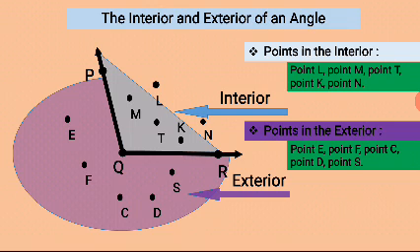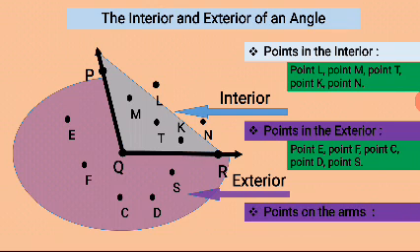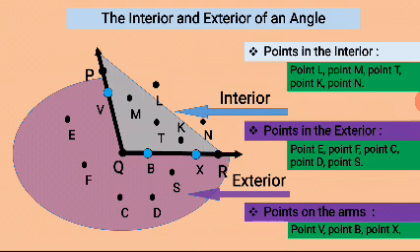First we draw point V, point B, point X. These three points come on the arms of the angle. So the points on the arms of the angle are points V, B and X.